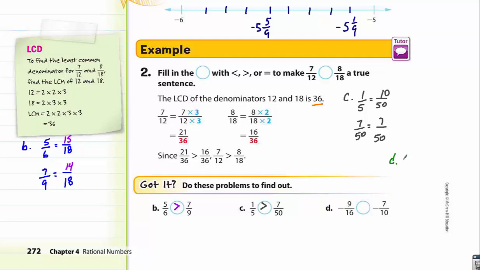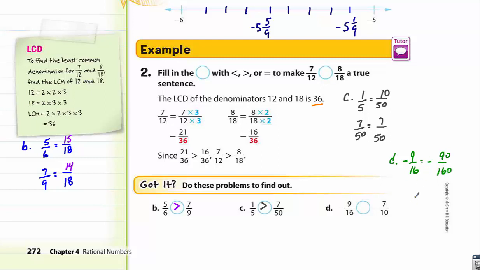I'll bring the negative. Negative 9/16. I'm going to multiply that by 10, and I'm going to get negative 90 over 160.